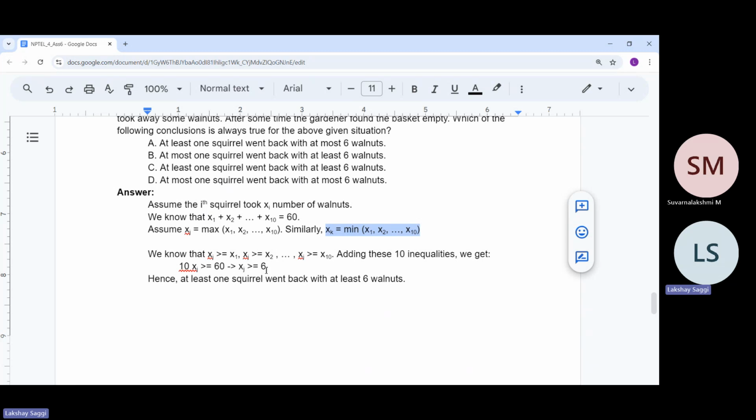So following the same steps, but with the inequalities reversed, we get that xk is less than or equal to 6. And if xk is less than or equal to 6, then the kth squirrel took at most 6 walnuts, not more than 6. And this is what option A says, right? That at least one squirrel went back with at most 6 walnuts.